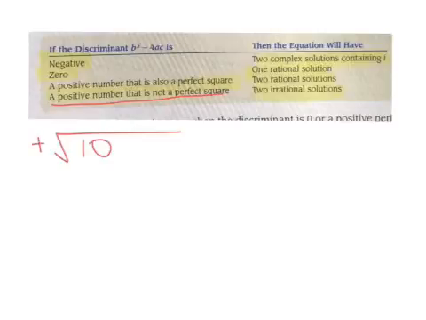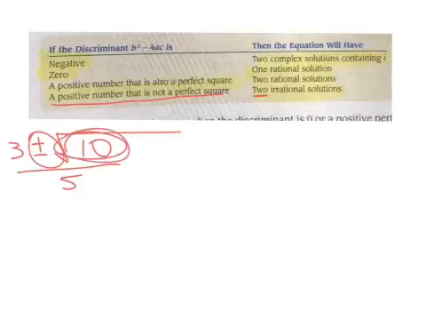Okay, so that's going to be, let's say, 3 plus or minus the square root of 10 over 5. So I'm going to have two answers, and that's what it says here too. But if I can't take this number out of the radical sign, then I'm going to have a radical in my answer, and that's what irrational solutions are. An irrational solution means that I have a radical. Okay? So those are my four options.